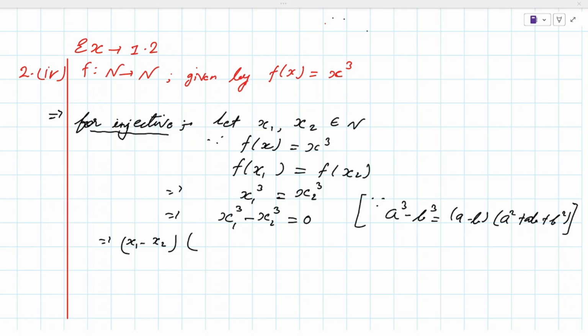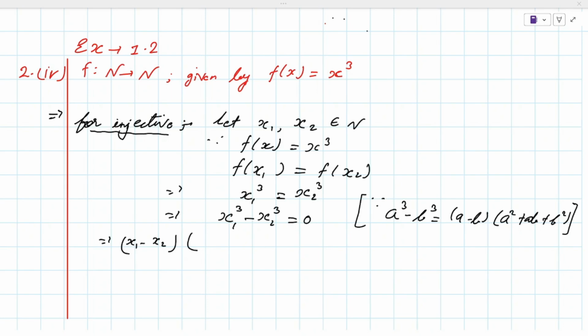A square minus AB, not plus AB. How? Because it would be like A minus B into A square plus AB plus B square. Yes, this is the formula.